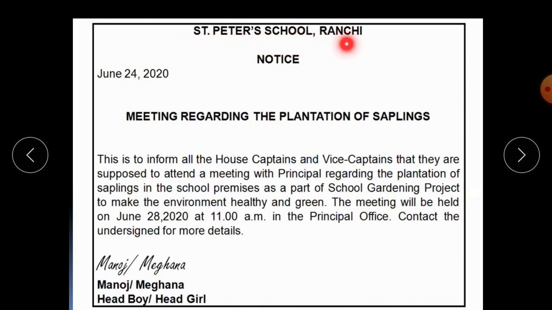St. Peter's School, Ranchi, then notice, then date, then heading: meeting regarding the plantation of saplings. Now in the body, what do we have to write? This is to inform all the house captains and vice captains that they are supposed to attend a meeting with the principal regarding the plantation of saplings in the school premises as a part of the school gardening project to make the environment healthy and green.